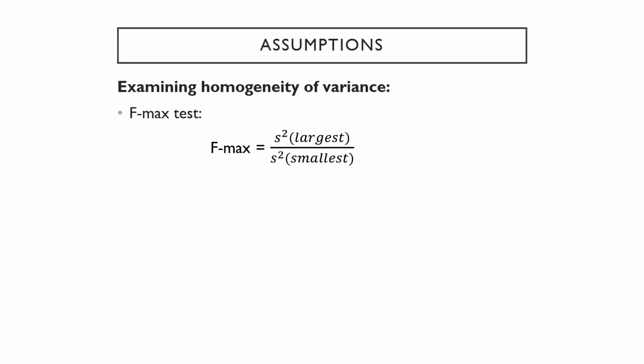To find whether or not the variances are roughly equal, we run what's called an F-max test, which is just dividing the largest variance by the smallest variance. For instance, say we have one group with a variance of 4 and another with a variance of 9. We divide 9 by 4, and that gives us 2.25.